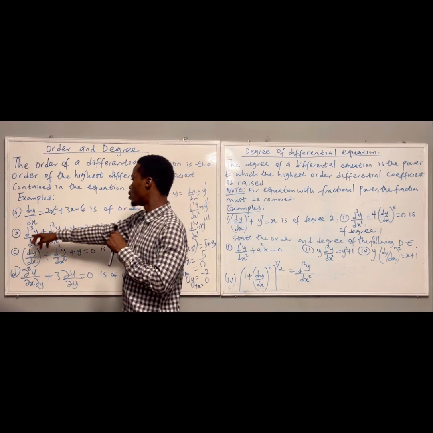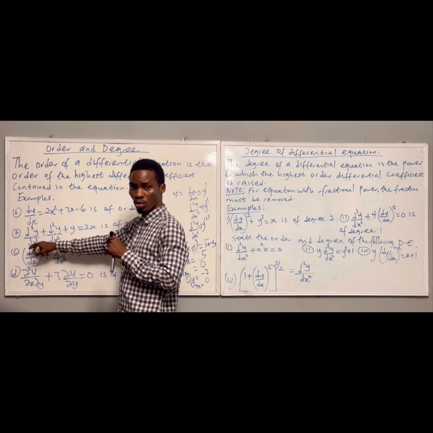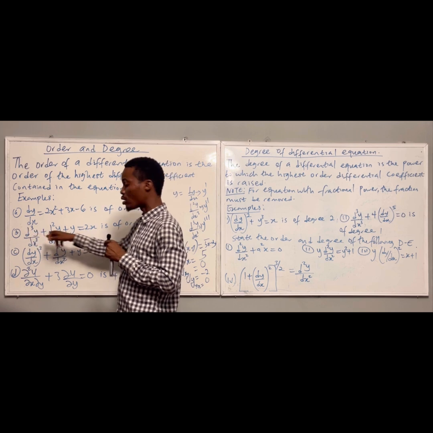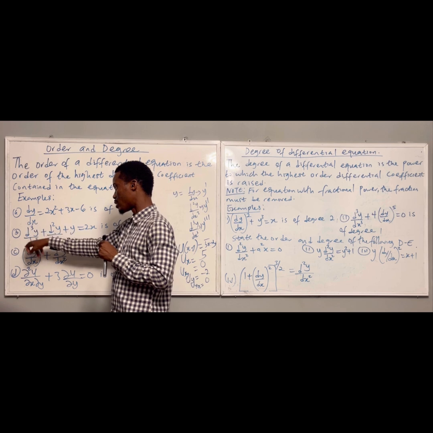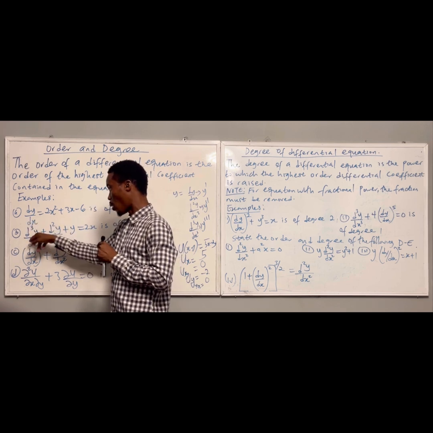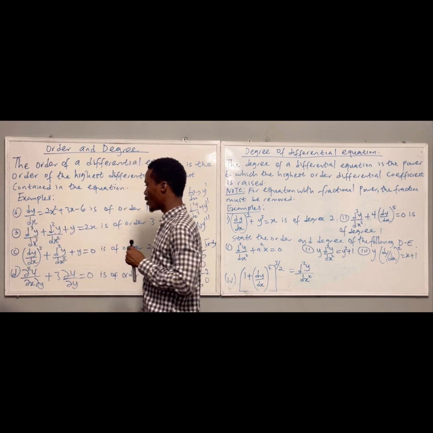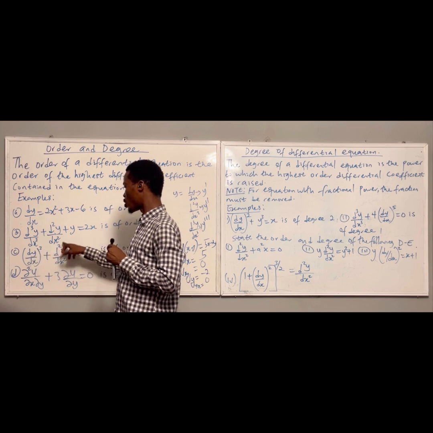If I now come to b, the cube y over dx square, this is a third derivative and this is a second derivative. So the order is 3. The power of this third derivative is 1, because there's no power here; if I put it to the power of 1, I'm going to have this again. If I now check this one, dy over dx is equal to 3 plus the square y over dx.